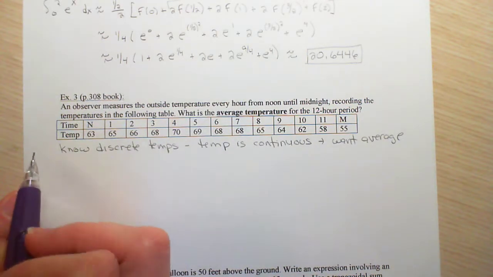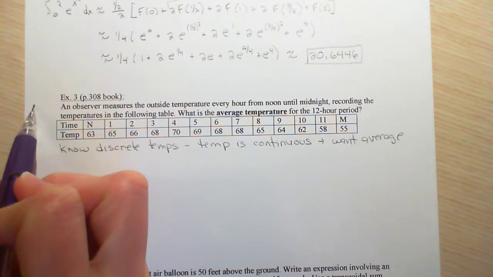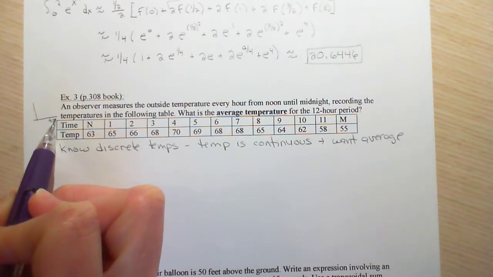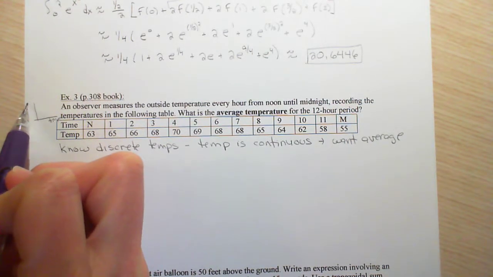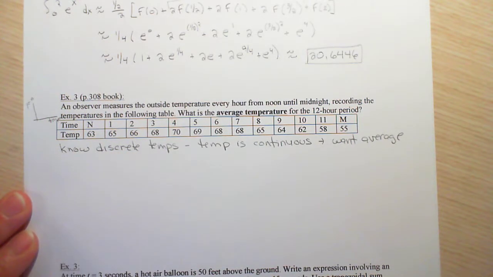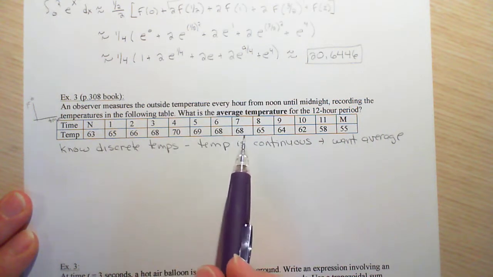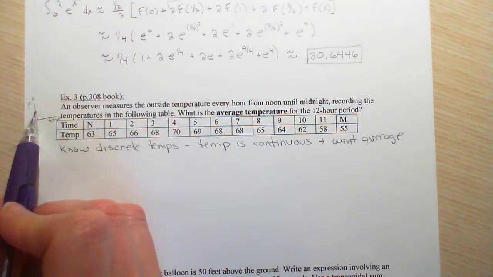Now, if you pictured a tiny little graph over here, time would be on your x-axis, and we'll say Fahrenheit degrees would be on your y-axis, and you'd have some kind of graph. I don't know what it looks like, but it goes up and comes down.